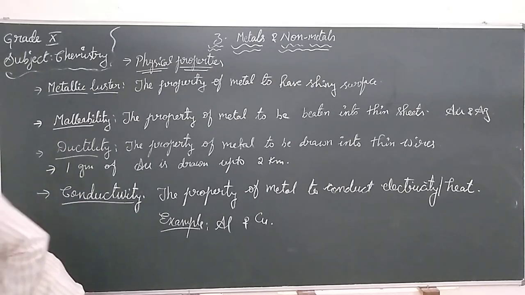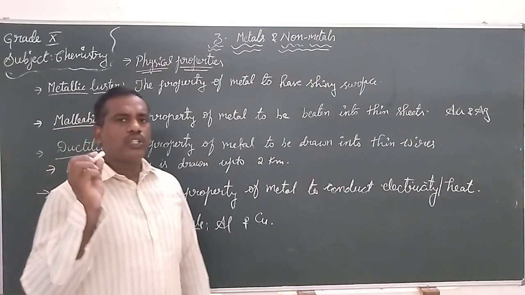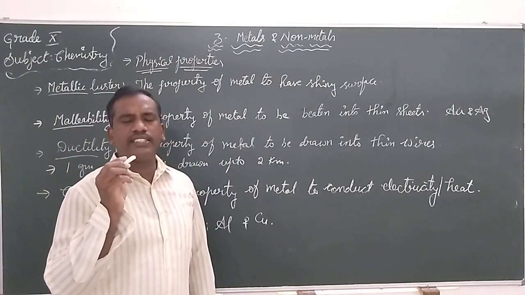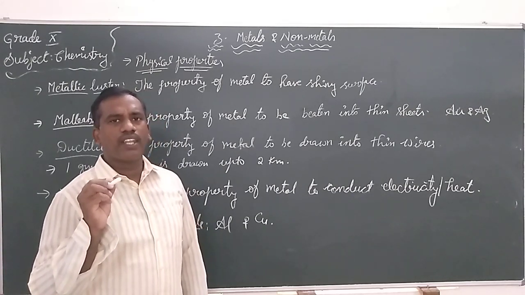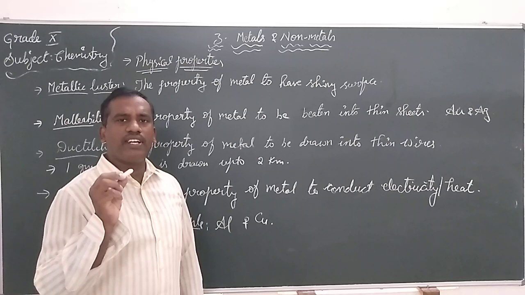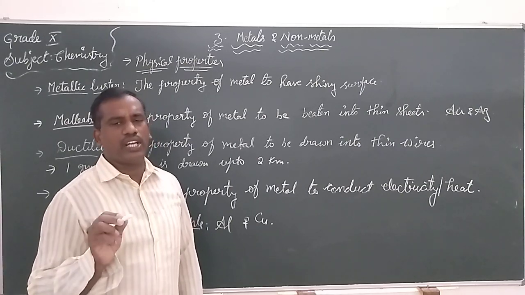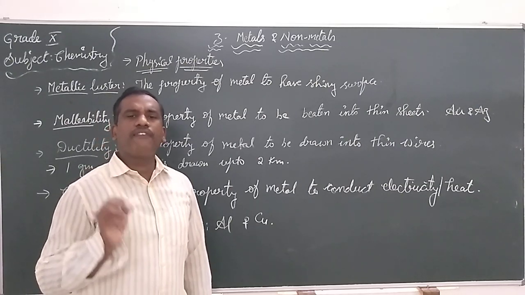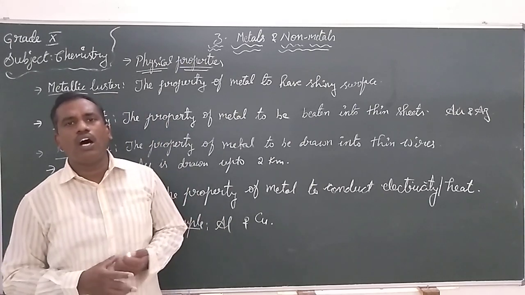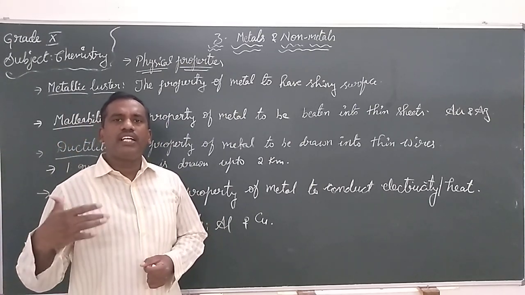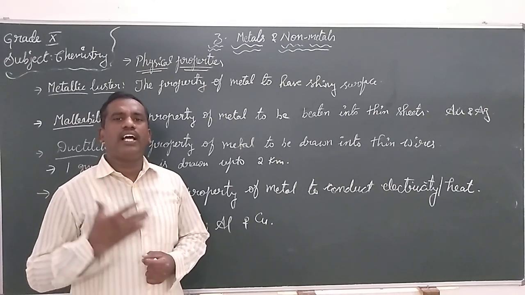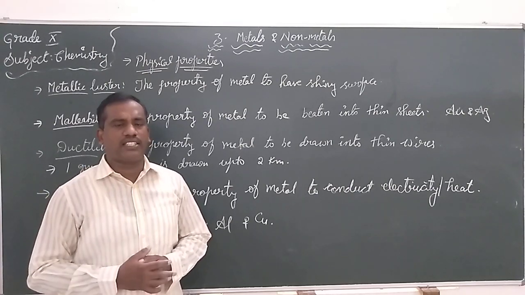If I take a chalk piece, is it having any shiny nature? No, it does not have any shiny nature. But if you see the gold ornaments, they will be having shiny nature at their surface.